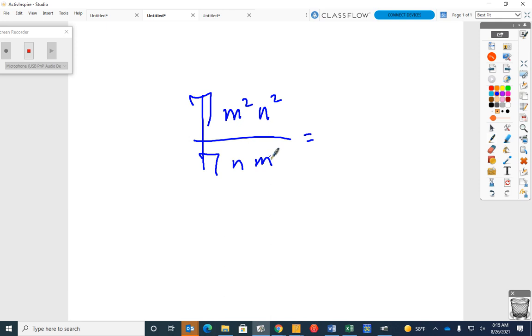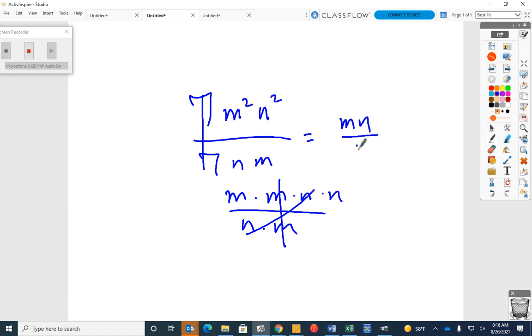Up top, right? This would be like 2 minus 1. So what's going to go up here? Anybody? Well, let's write this out. M times m times n times n over n times m. Okay, what do I have? Does anything cancel? Yes. That cancels, and those cancel. What's left? Mn over what? 1. Now, anything over 1 is what? Itself, right? So this would just be mn. Does that make sense? Yeah? Good, try this one.